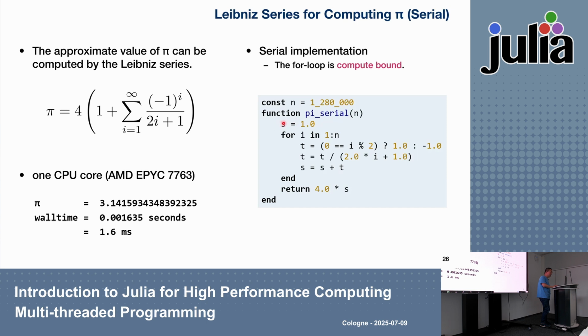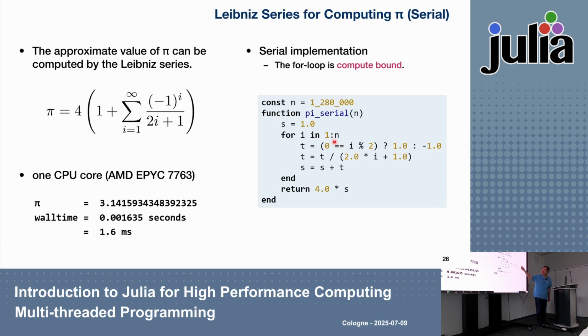To start, we set the initial value, the sum equals 1, which is this 1. The initial value is 1. And then we start to go through these 1 million terms, doing very little calculation here.